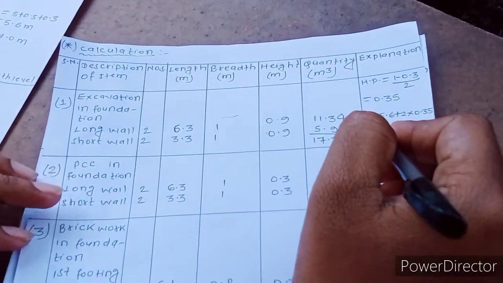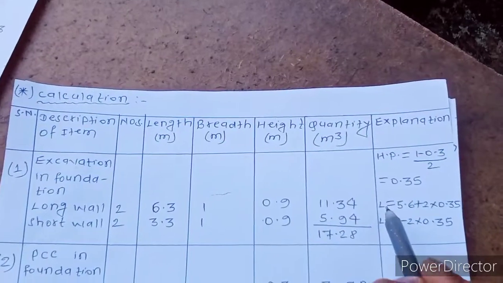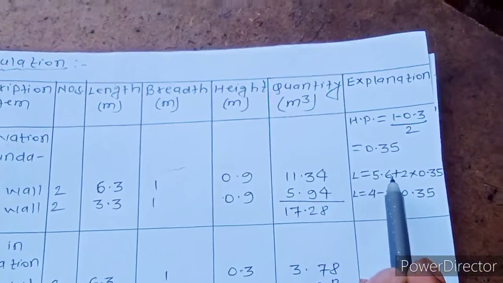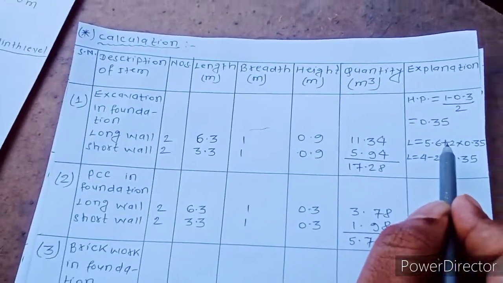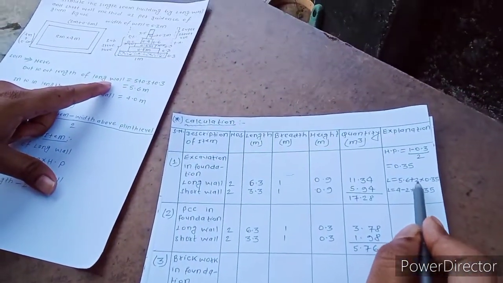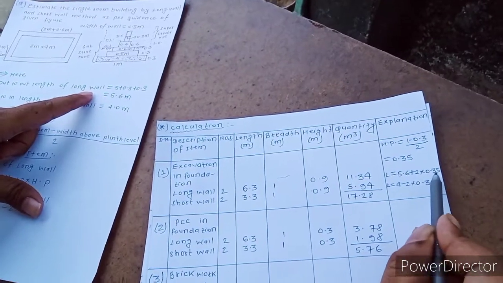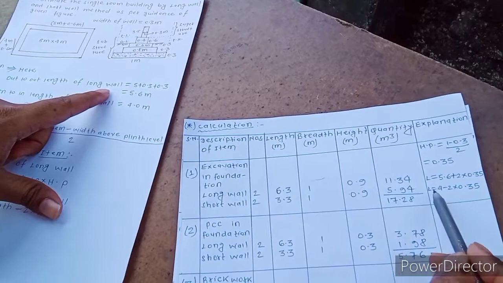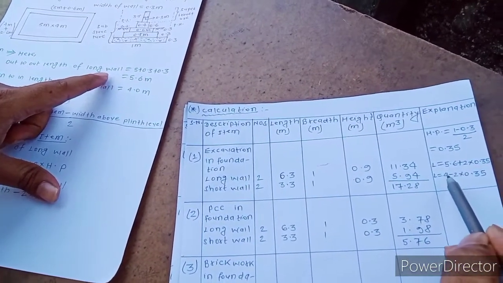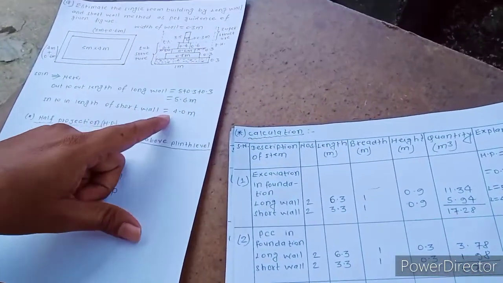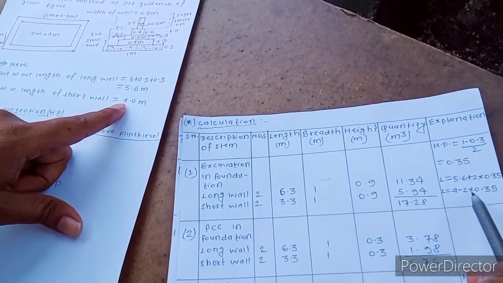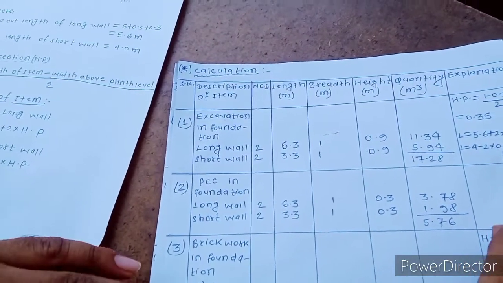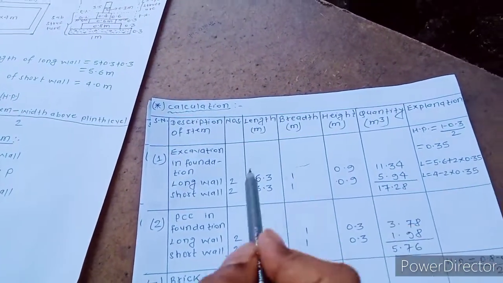So for the total length of the long wall, here it is 5.6, the out to out length, plus 2 into half projection 0.35, so this becomes 6.3. And for the short wall, the in length is 4 meter minus 2 into half projection 0.35. So after calculation this length becomes 3.3 meter.